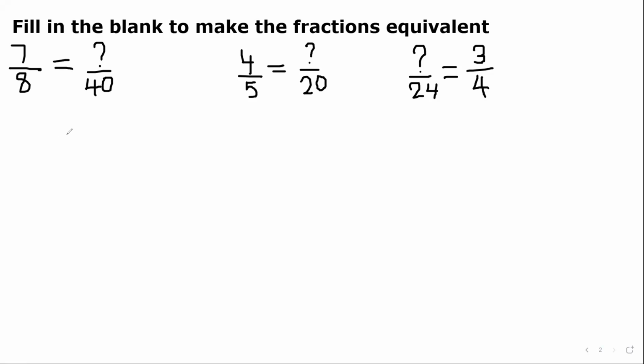Good. And remember, we said before you can find equivalent fractions, any number that will be used to multiply the denominator must be used to multiply what? The numerator. Or the same number must be used to multiply what? The denominator and numerator. Okay, good.